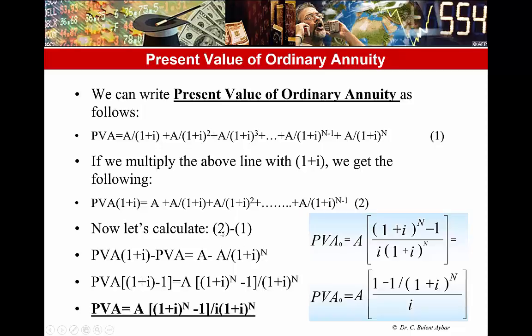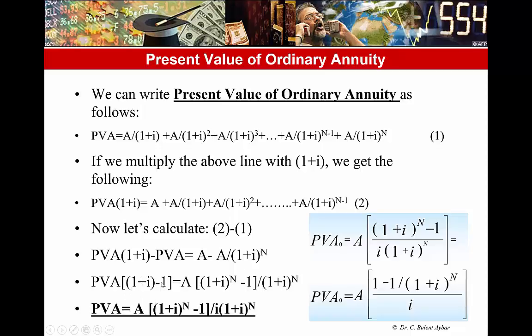So if we subtract equation 1 from equation 2, we get this equation. As a result of cancellations in here, there are only 2 surviving terms. The first term that survives is this first term in the second equation, A. And in the second equation, only surviving term is A divided by 1 plus I to the power n.